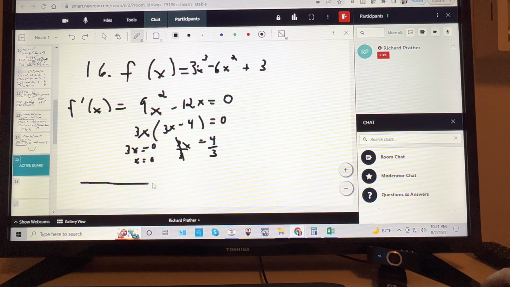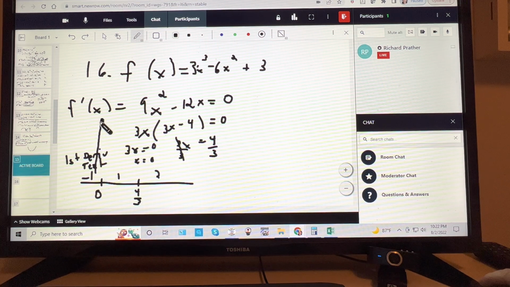If you want to do the first derivative test, that's what we did last time. You use the critical numbers and you have to pick a checkpoint in less than 0, between 0 and 4/3, and bigger than 4/3. But in order to tell if 0 is a max or min, you have to use both the -1 and the 1.